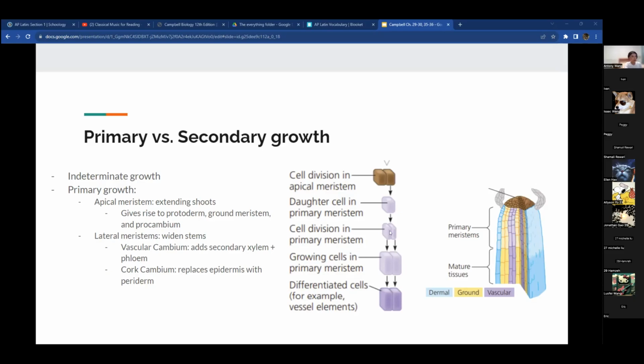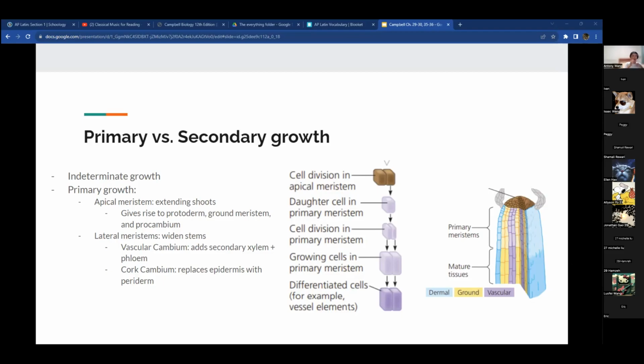I'll get into that. And the cork cambium, which are meristems near the edge of the plant, replaces the dermal tissue with periderm. So it makes boxy, waxy cells that are tougher than the actual dermal cells.